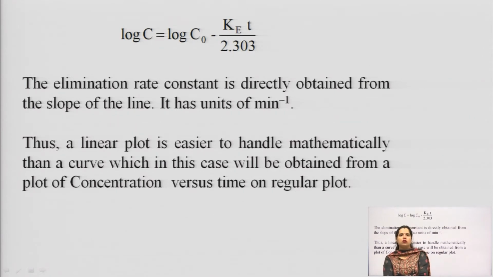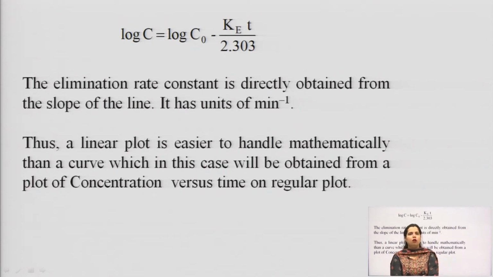The elimination rate constant is directly obtained from the slope of the line. It has the unit of minutes to the power minus 1.